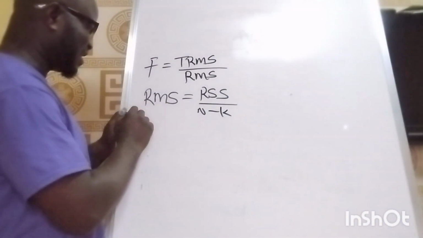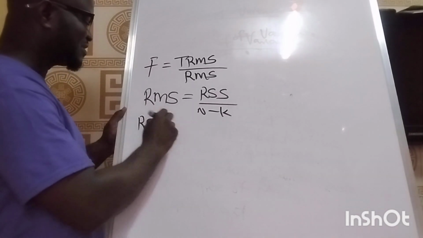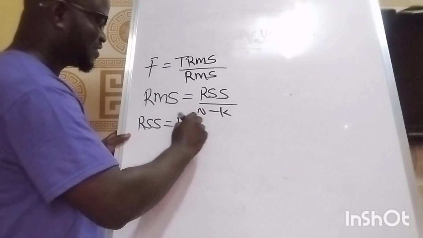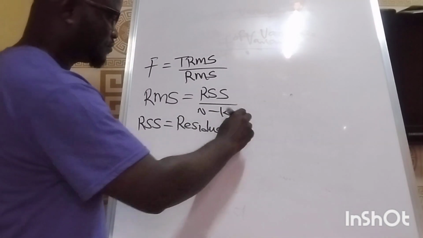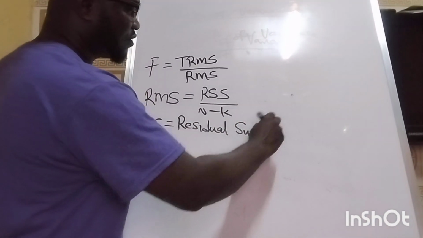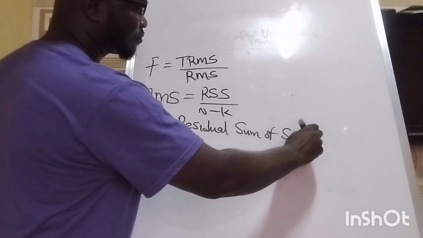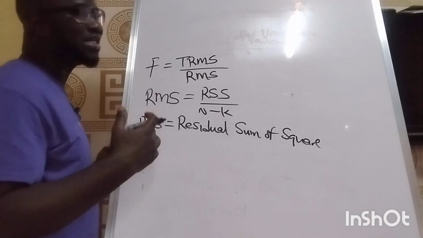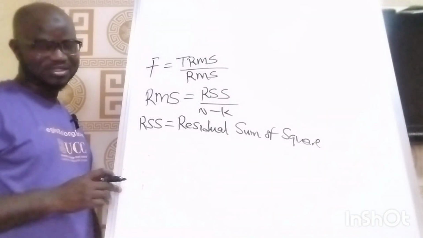So the RSS is the same thing as residual sum of square, right? While the N minus K is the same thing as degree of freedom for residual, right?